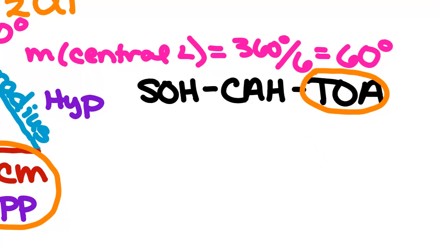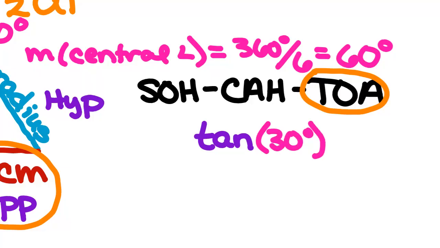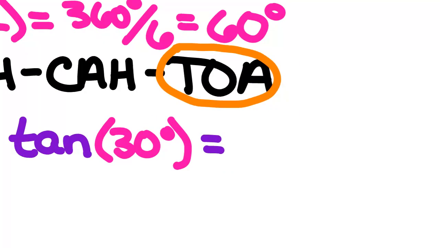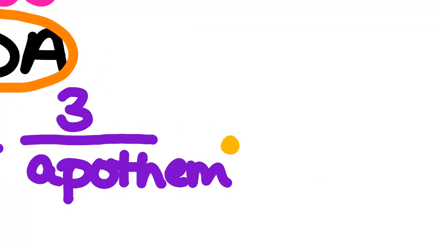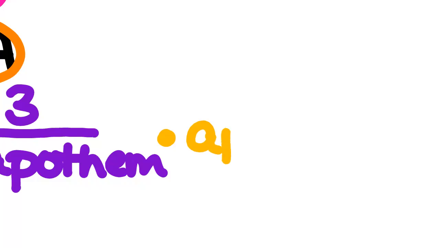So I have tangent of 30 degrees is equal to my opposite side, which is 3, over the apothem. What do I need to do if I'm going to solve that for the apothem? Yep, multiply both sides by the apothem.